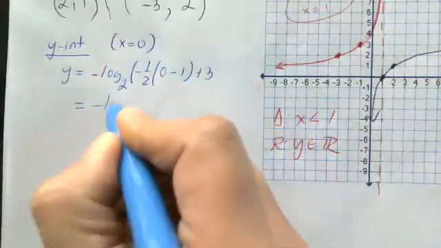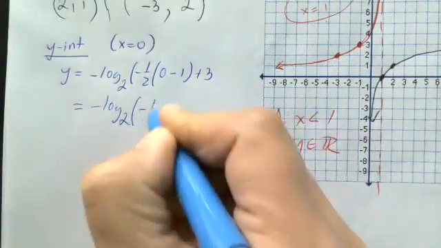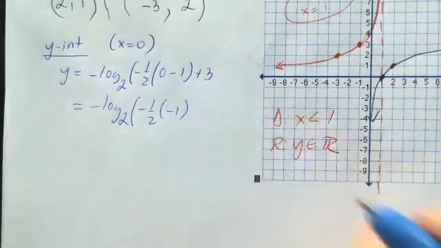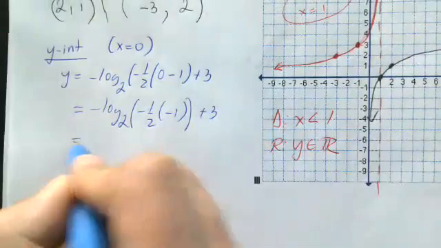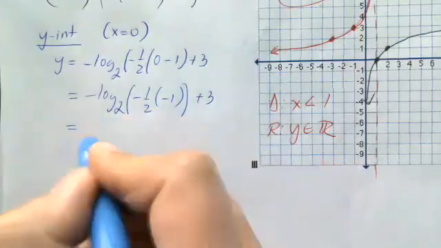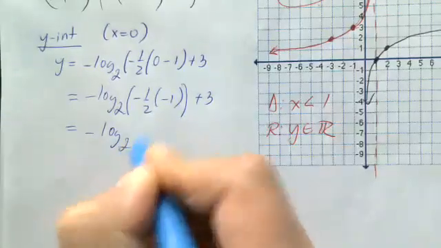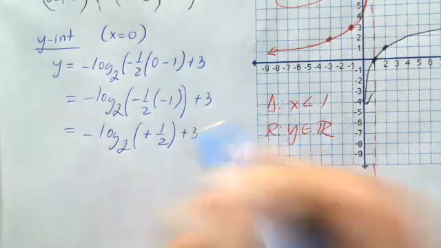So negative log in base 2 of, we're not going to write 0 anymore because there's no point, because 0 minus 1 is negative 1. And then plus 3, and then we're going to multiply those 1/2 and the negative 1 together. So work inside the bracket, positive 1/2 plus 3.